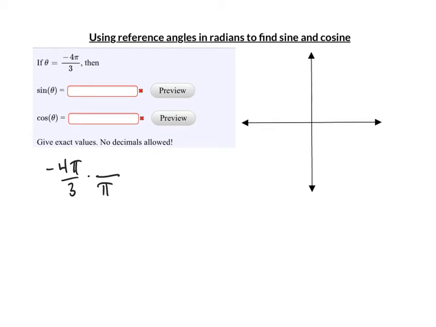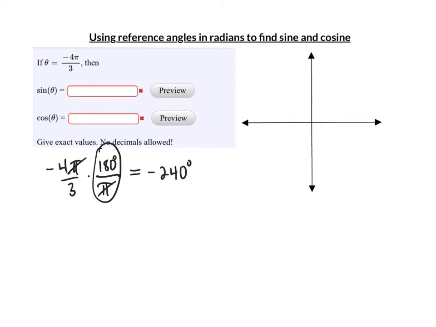Again, I know pi radians is equal to 180 degrees. Again, this is a funny 1 because 180 degrees and pi radians are the same thing. Anything divided by itself is 1. I want to work that out. The pi's cancel. And 4 times 180 divided by 3 is 240. So it's negative 240 degrees.